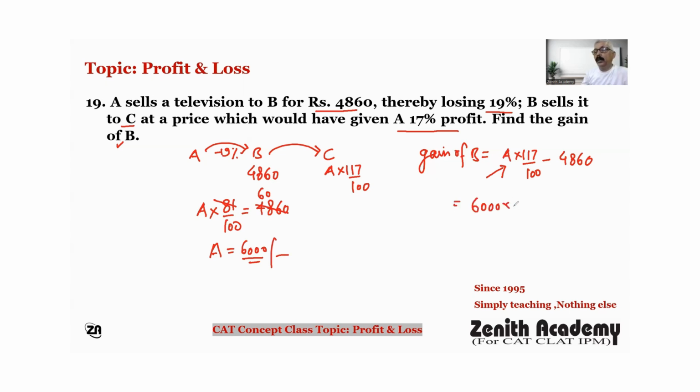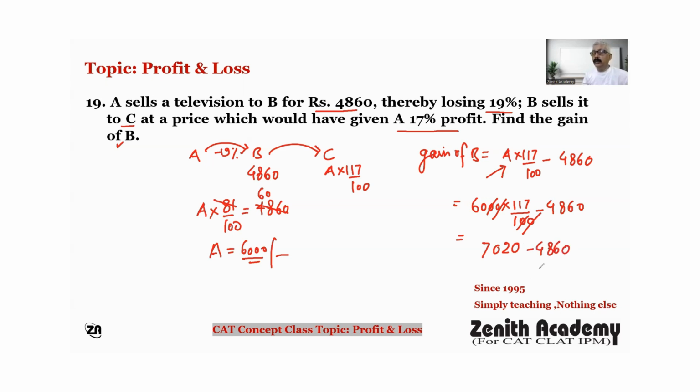So simply put here 6,000 into 117 by 100 minus 4860. These two cancel. So finally 6 7 ja, 42, 6 1 ja 6 plus 4, 10, and 6 1 ja 6 7 minus 4860.